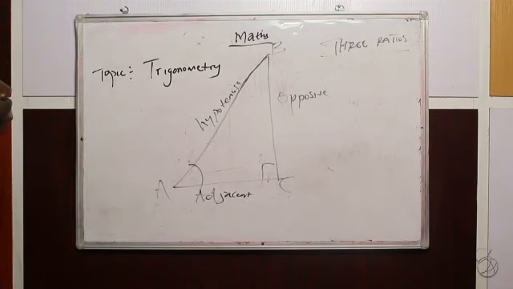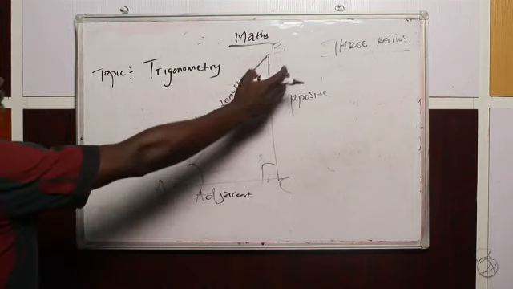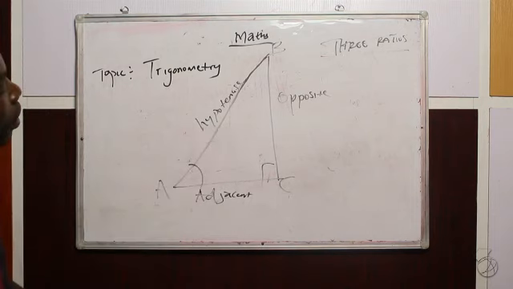These three ratios must be considered in order for us to find the sides of a right angle triangle.